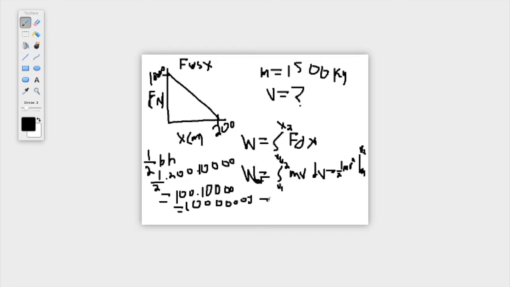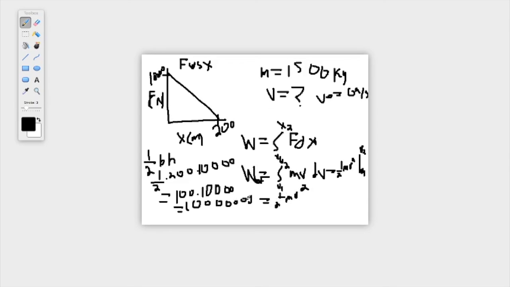Then we can set that equal to 1/2 m v squared. The car is starting from rest, I forgot to mention that. So the initial kinetic energy is 0, and we don't need to take the difference. We can just take the final kinetic energy.